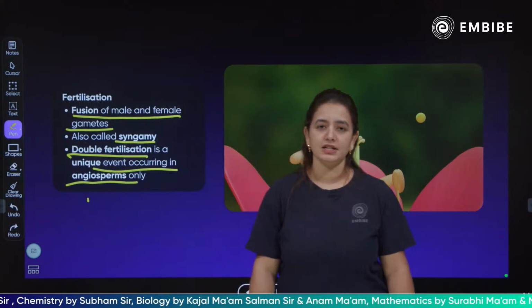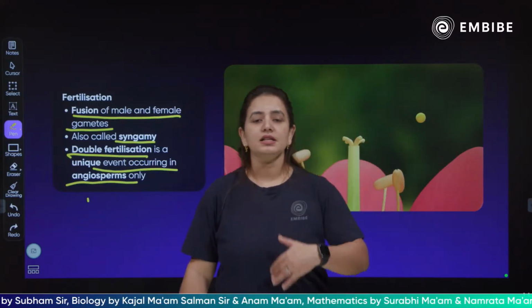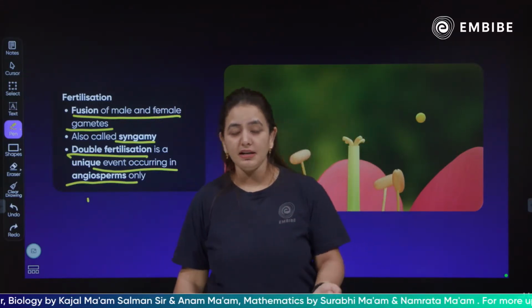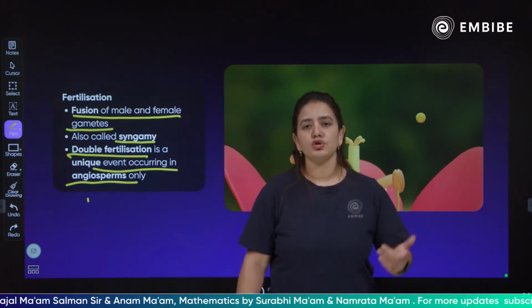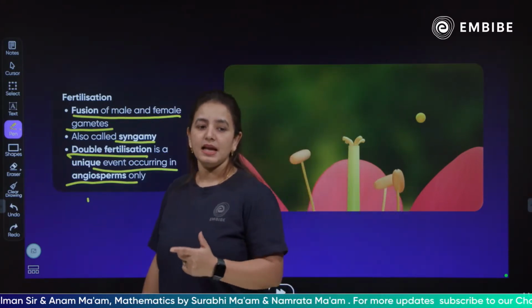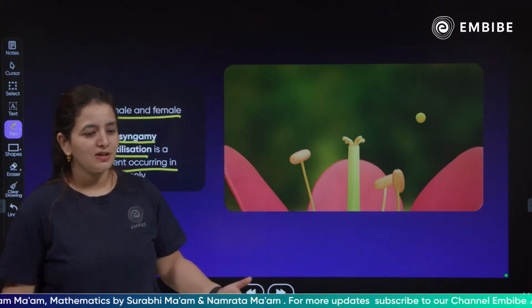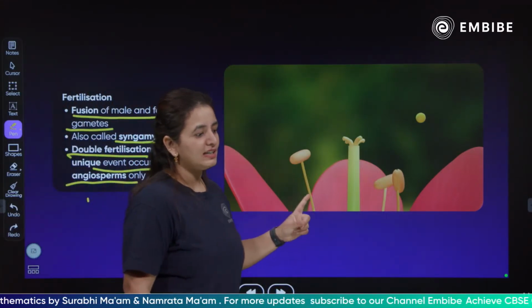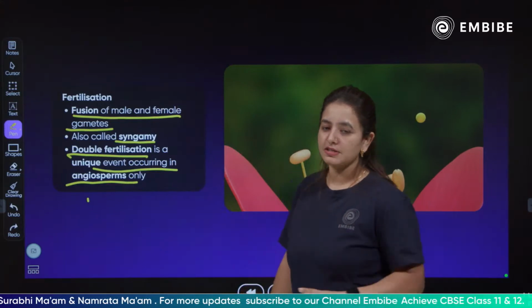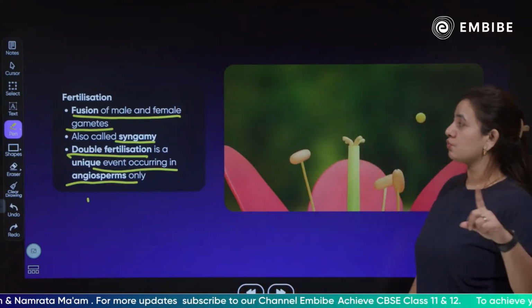We'll have the detail later, but it is a part of the fertilization event. The fusion of gametes, the syngamy, takes place, and yet there is a unique fertilization, double fertilization. In detail we will discuss it, but now we have just introduced the word.